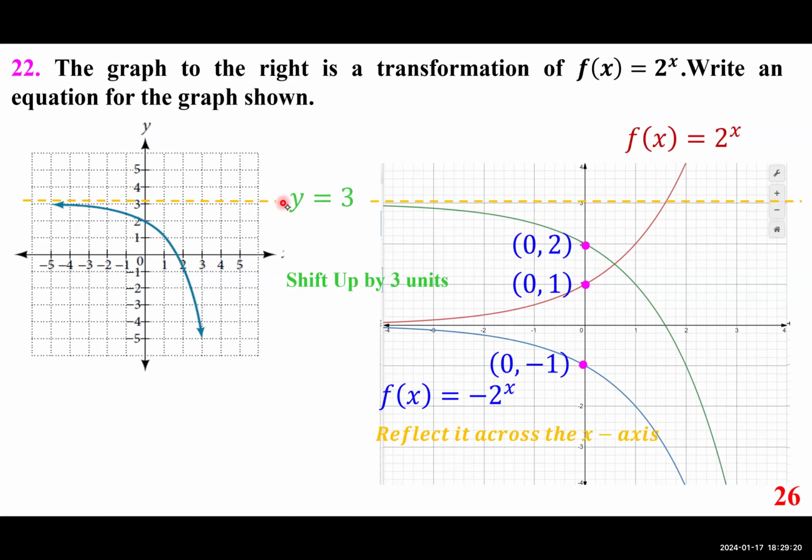Y equals 3. So f of x is minus 2 to the power of x plus 3. That would be the graph. Okay, everyone? So this is the graph of f of x equals minus 2 to the power of x plus 3.